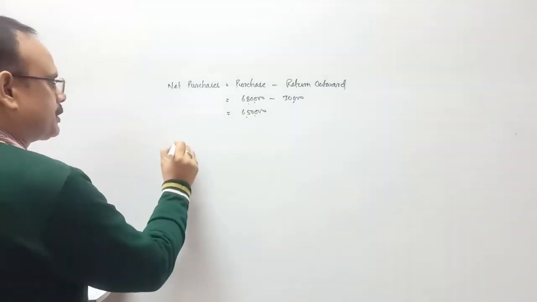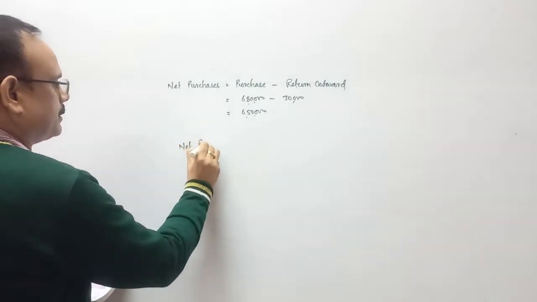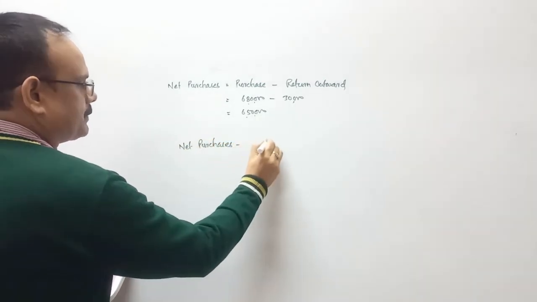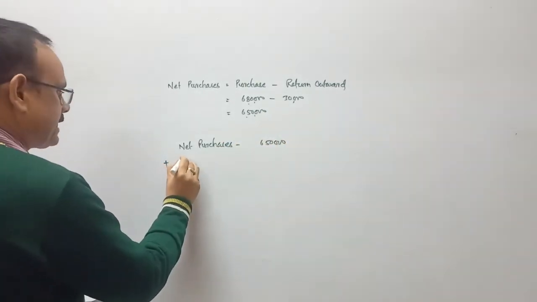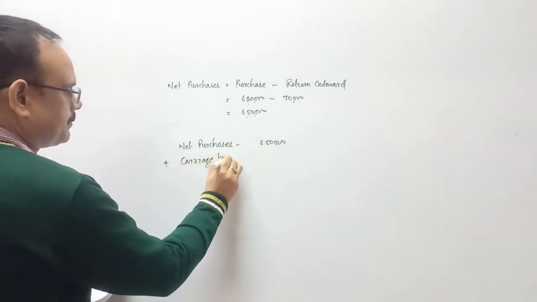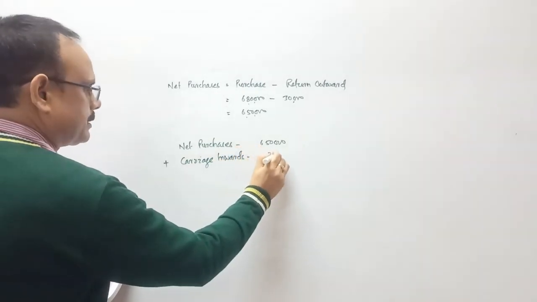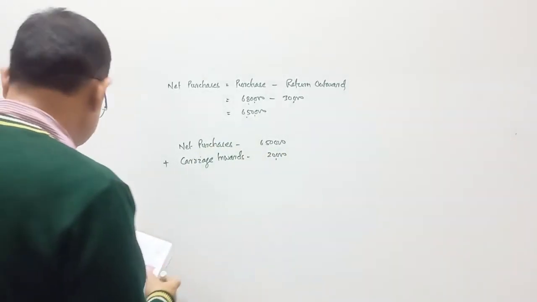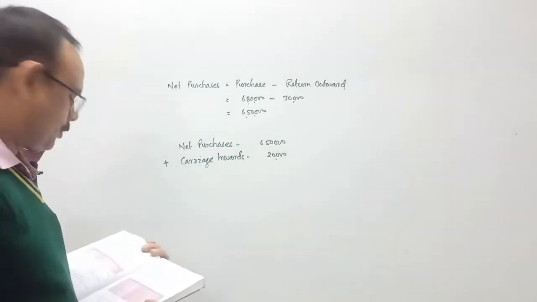Now we'll calculate all the direct expenses. Net purchase 6,50,000 plus direct expense, your carriage inward, which is 20,000. Carriage outward is an indirect expense, which will be shown in the profit and loss account, so it is useless information for calculating gross profit.